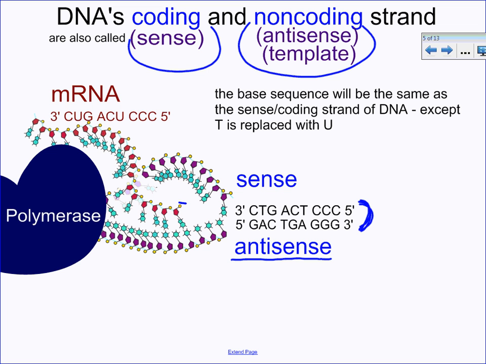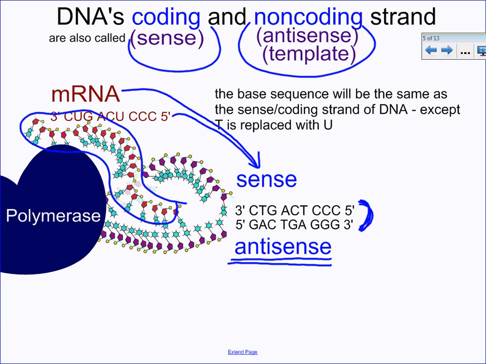That way, the code represented up here in the mRNA will be identical to the sense strand. Again, if you build complementary to the antisense, you get a strand of mRNA that is identical to this code, which is the sense strand, the coding strand of DNA. That's the code you want in the mRNA.